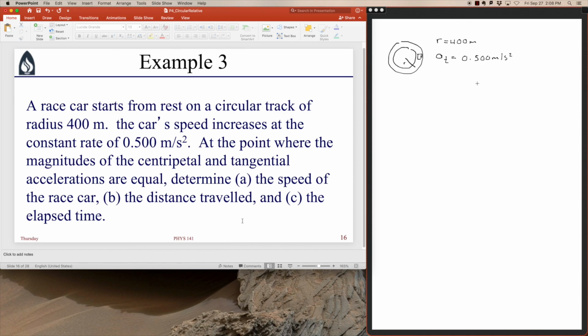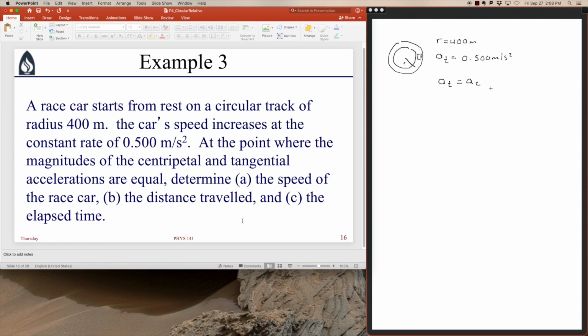We want to know something about the point where the magnitudes of the centripetal and tangential accelerations are equal. All right, so how do we go about solving this problem?